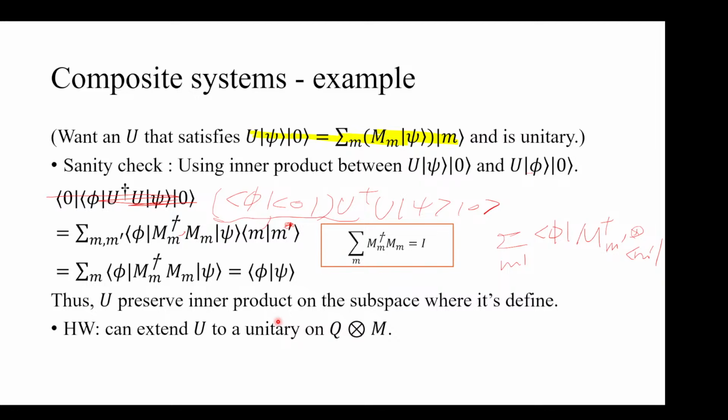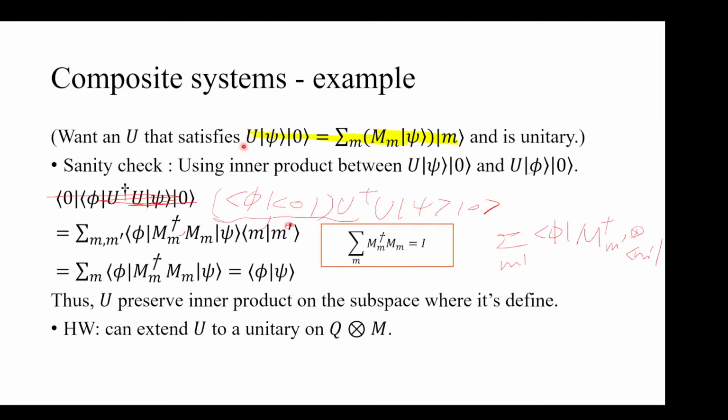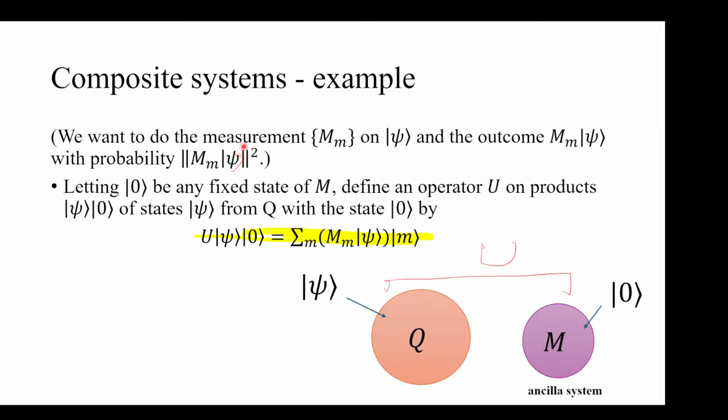Okay, so we omit another part of the proof to the homework, and then we can let this U exist. Okay, so that's a lot of computation on this weird measurement-relating unitary U. And now we have proved that U exists.